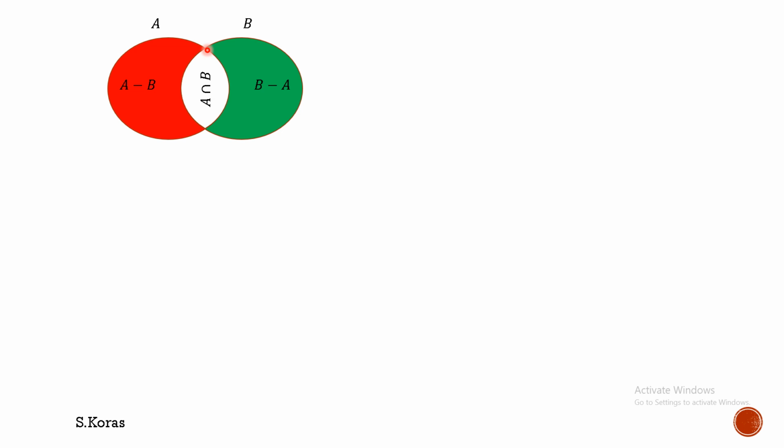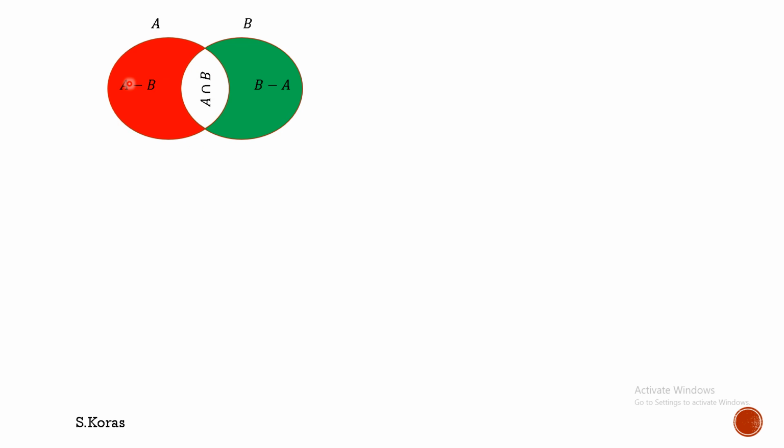Let us consider only the set A. Just think only this set A. This set can be separated into two sets. This is A difference B and this is A intersection B. So now the set A is divided into two disjoint sets. First set is A difference B and the next set is A intersection B.